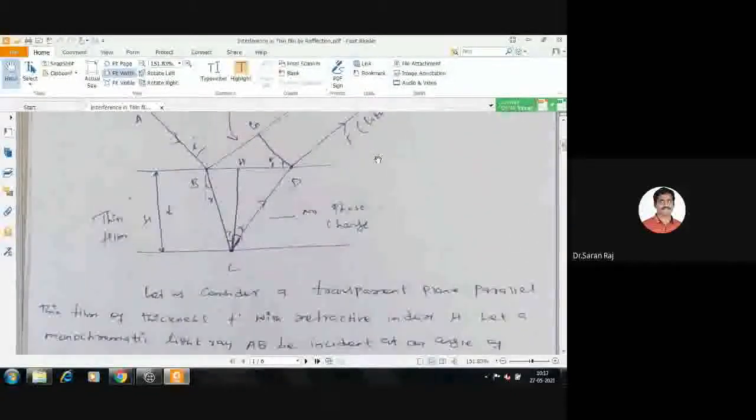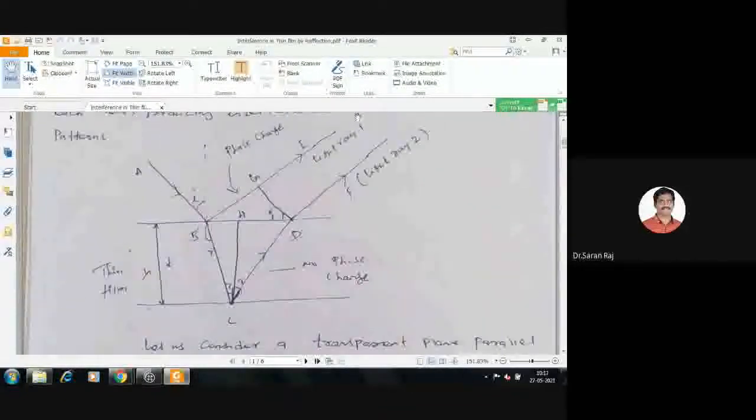Now we can calculate the path difference. From the points B and G onwards, the light rays travel an equal distance.